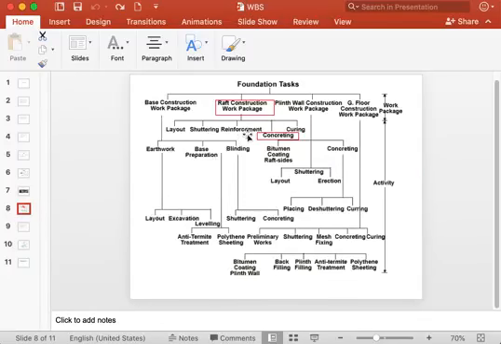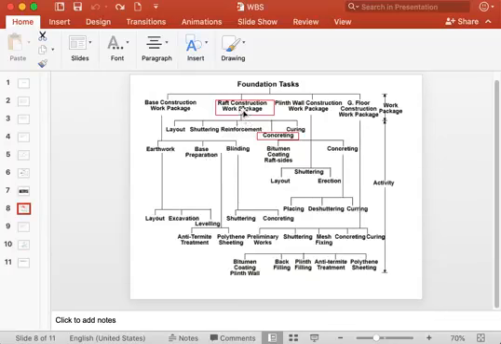So you can see the work package raft construction here, and this is further broken down into 1, 2, 3, 4, 5 activities, you can see. So all these work elements are lying in the activity level.